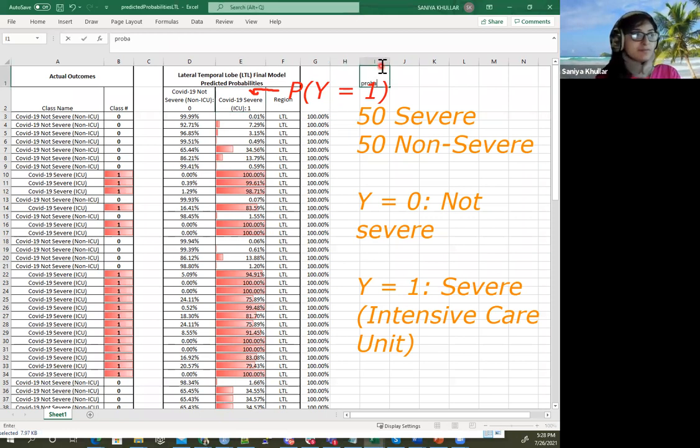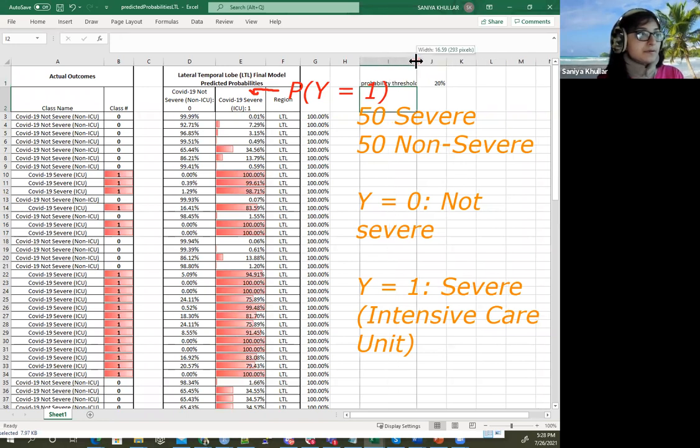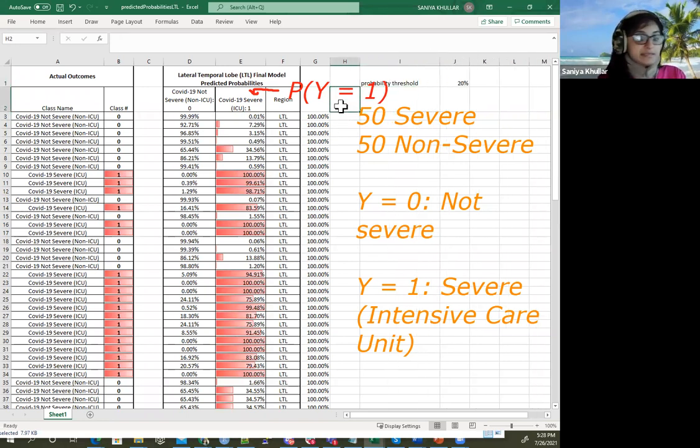So if my probability threshold is 20%, then for the prediction, I can say if this probability is greater than or equal to this probability threshold value, then I'm going to predict severe COVID. Else I will say not severe COVID. And that's my prediction here.